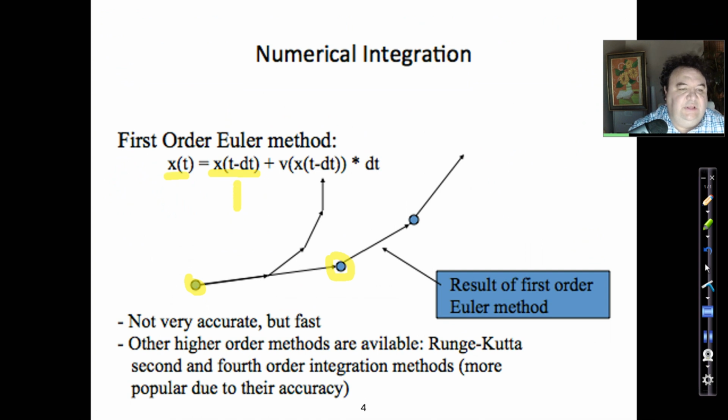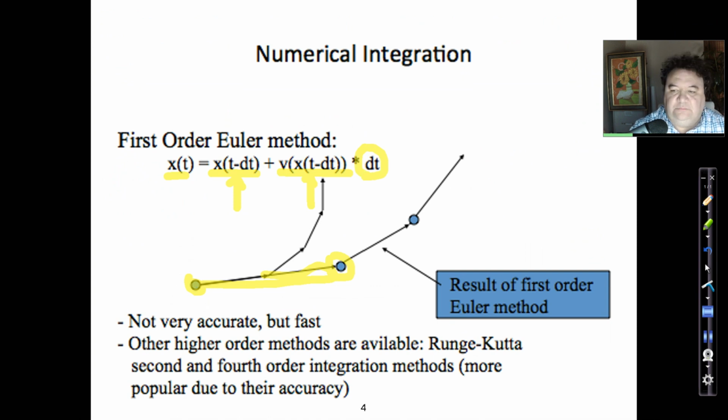So we increase x of t minus dt by the vector at the initial location, so the vector here at the origin, this direction, multiplied by the amplitude of the step.